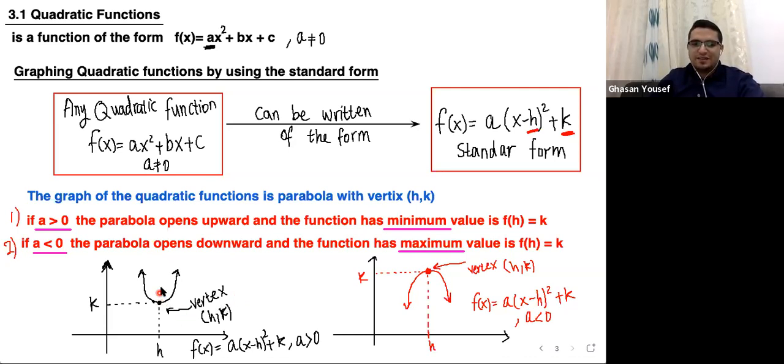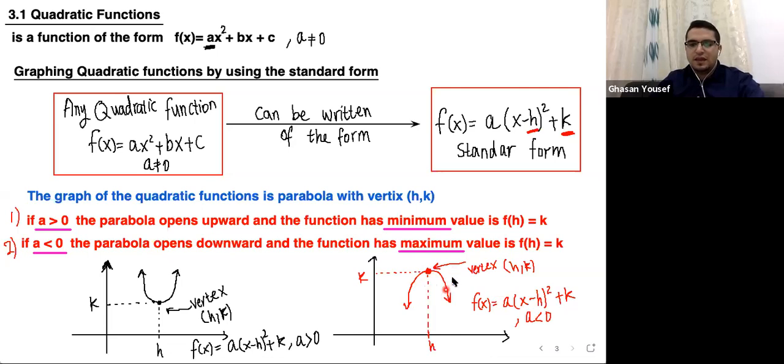So again, look, the parabola here opens upward and the a here is positive. This point is the minimum value for the whole curve, and the value is k, the y coordinate of the ordered pair of the vertex. It's k.